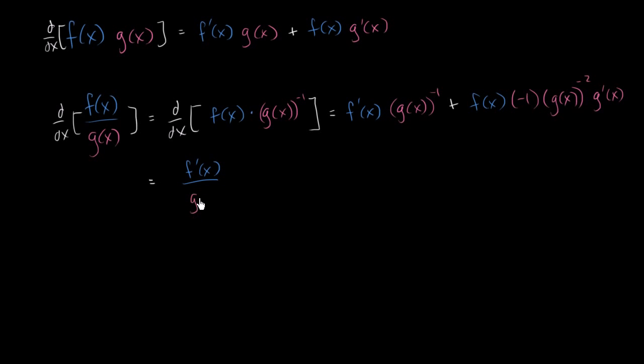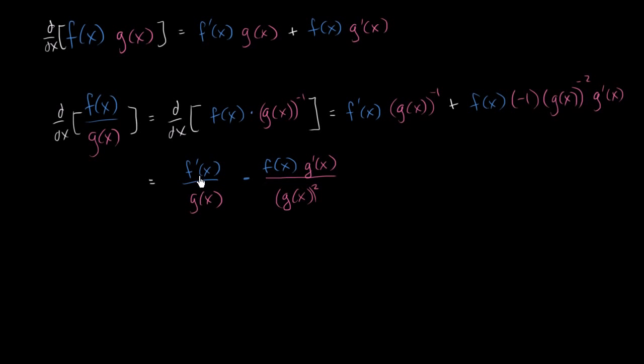And we can write all of this as, we can put this negative sign out front, negative f of x times g prime of x, and then all of that over g of x squared. And it still isn't the form that you typically see in your calculus book.